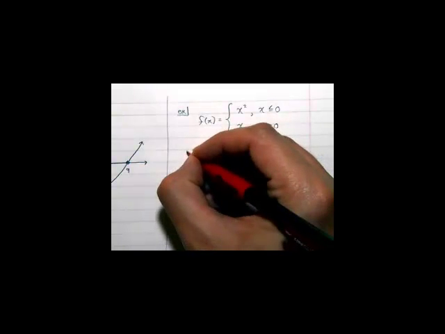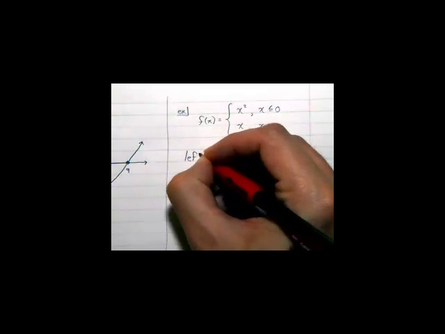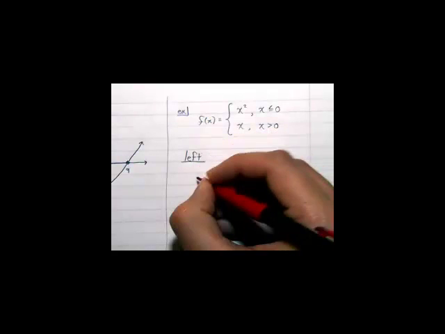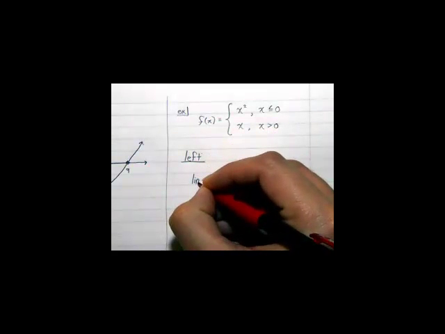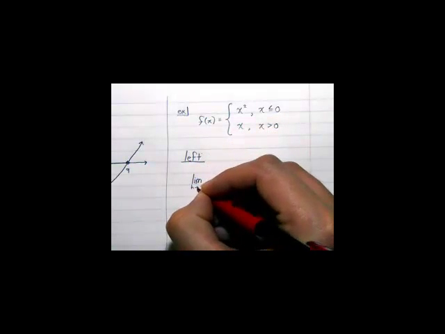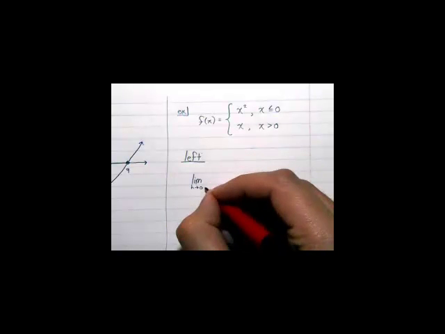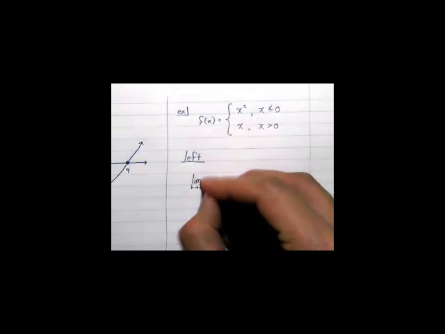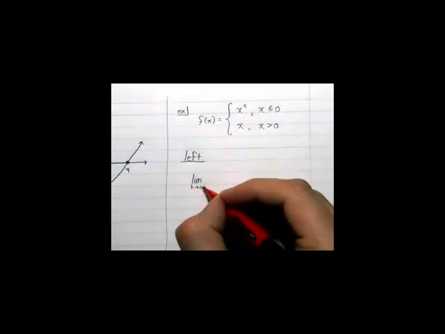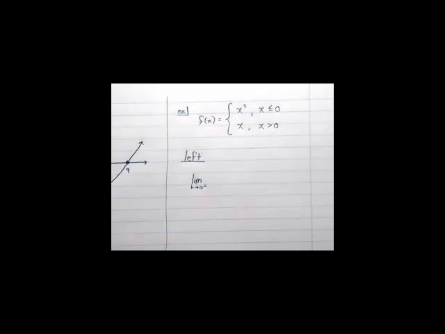So to do the left-handed derivative, we're going to do the limit as h goes to 0 from the right, though. I'm sorry, from the left, so that'd be a little minus, not a plus. Okay. So remember when we did the left and right-handed limits?